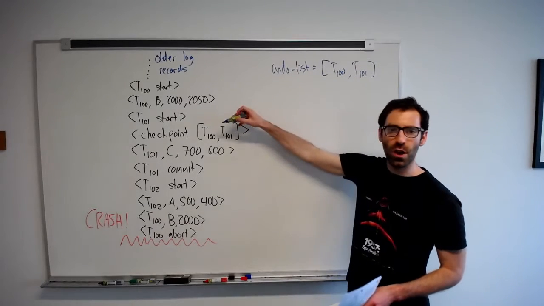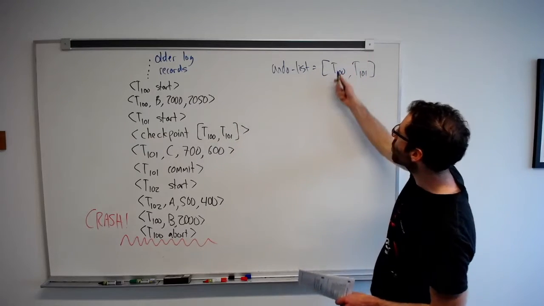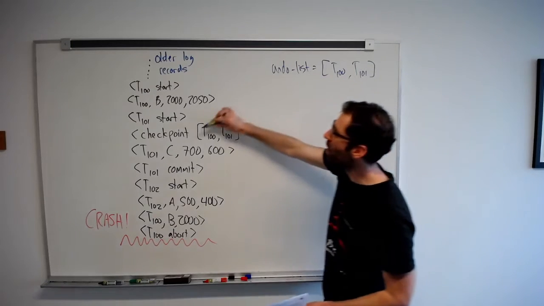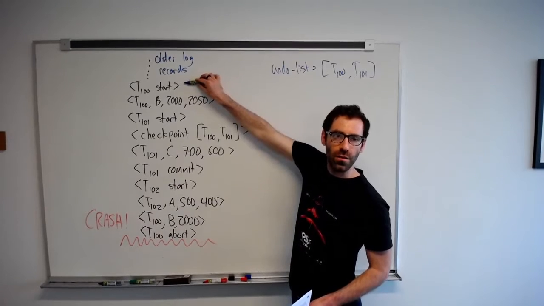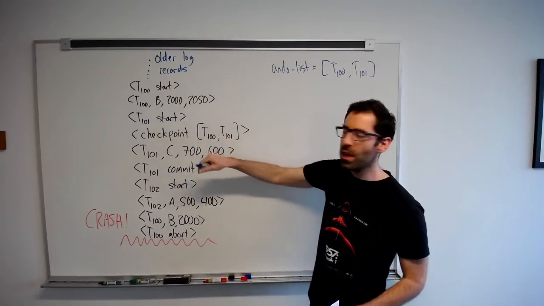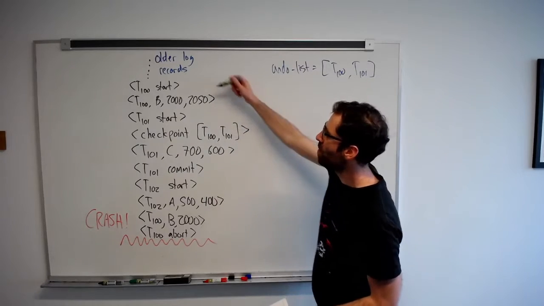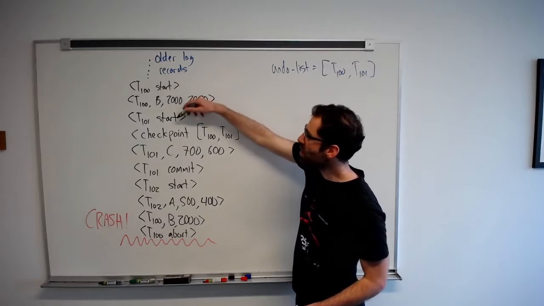And now we're doing our scan forward from the start of the oldest transaction in our undo list. So that's why we have to go further back to the start of T100 and scan forward from here to redo all our changes. So we'd redo updating B to 2050.